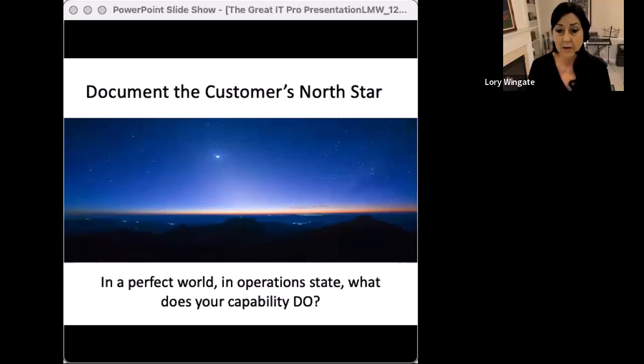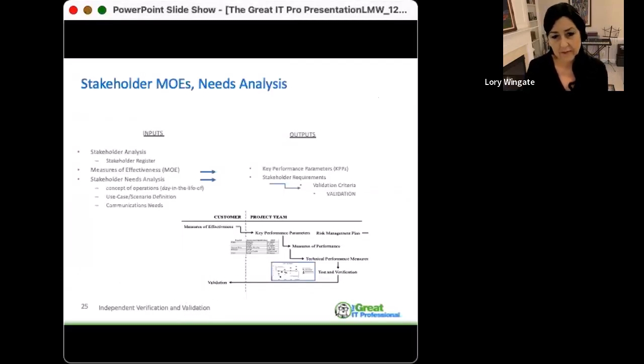You may decide that the base will never change, and you can just use the same base. And therefore, if you need to build more bases, that's a standard waterfall project. Move ahead from there. So getting that North Star identified and documented and confirmed and signed off by the customer is going to be a great first start.